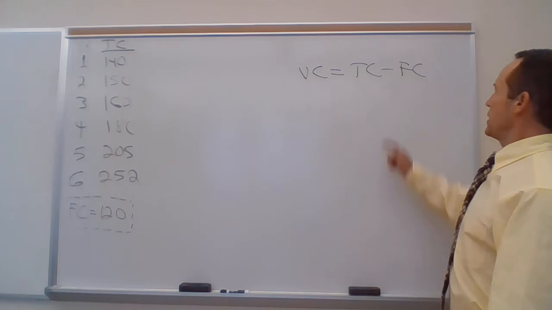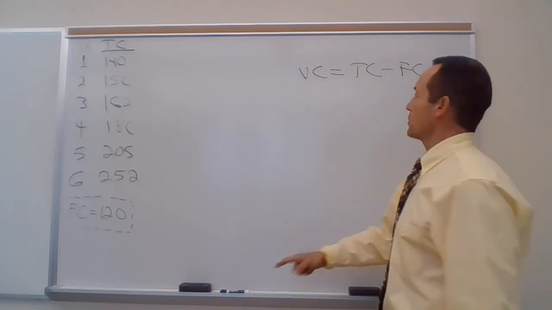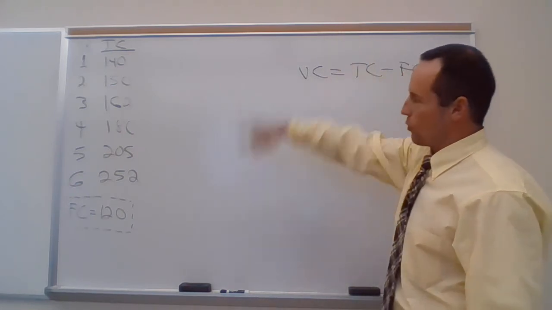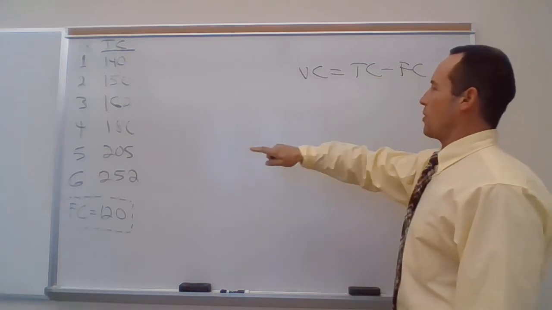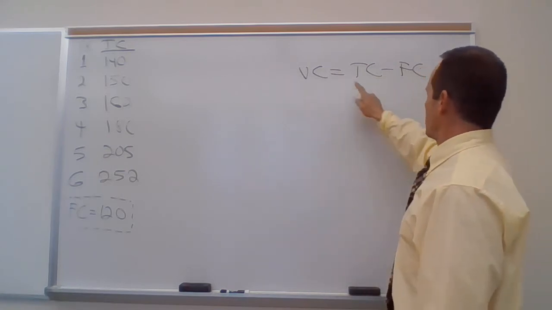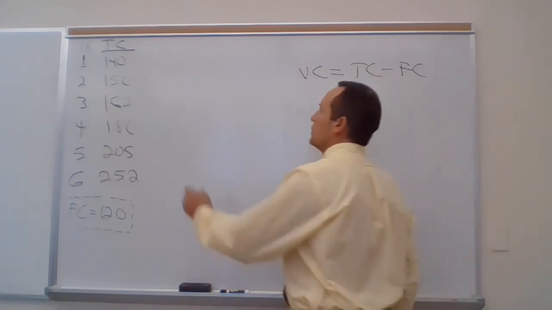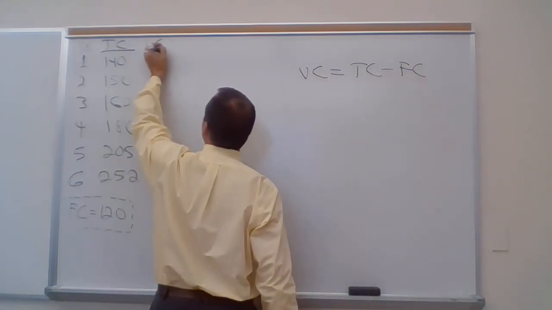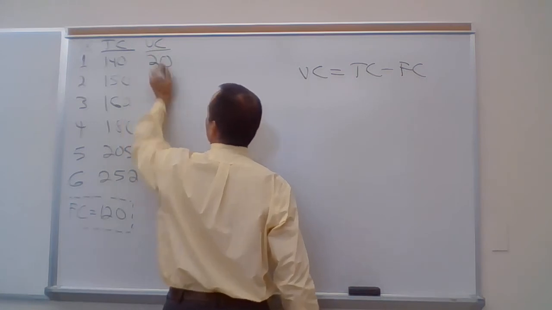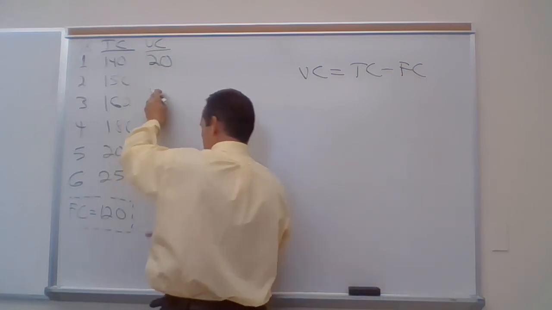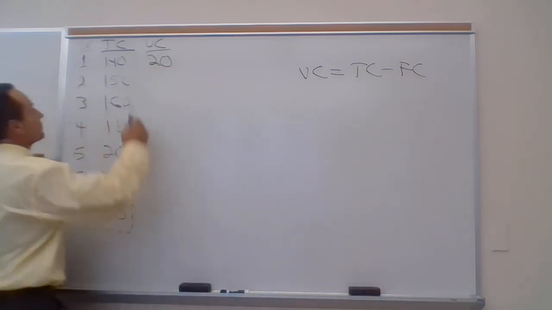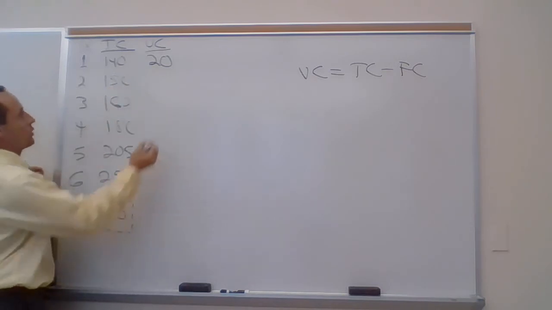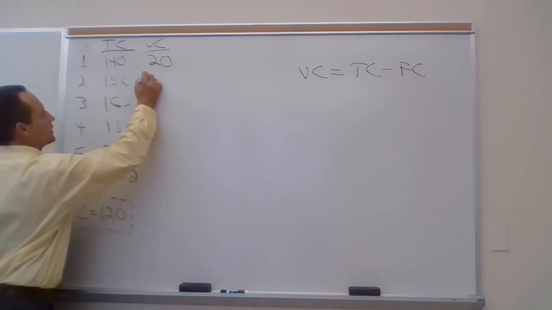So we have fixed cost listed below in the box. We have total cost for 1 through 6 units. So from all of those total costs, we'll take out fixed costs. So 140 taking out 120 leaves us with 20. From 150, if we take out 120, that will leave us with 30.